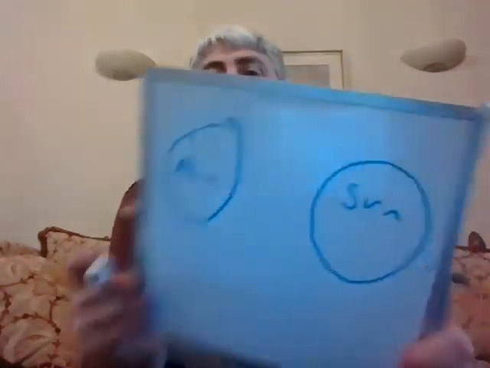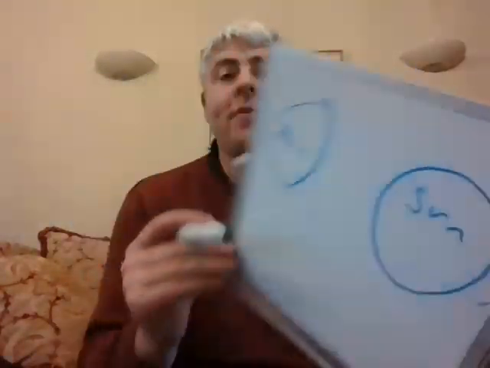So the Moon's there and the Sun's there, and the Sun is 400 times further away than the Moon, and it's 400 times bigger than the Moon. Because the Moon's much nearer to us, it looks like it's the same size as the Sun, but it's tiny compared to the Sun.